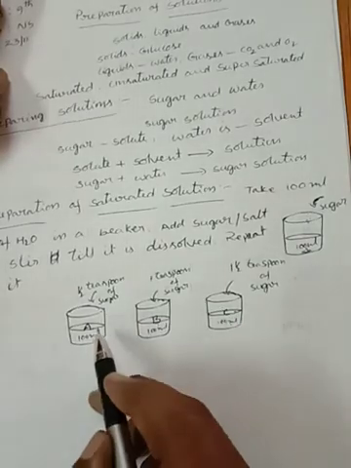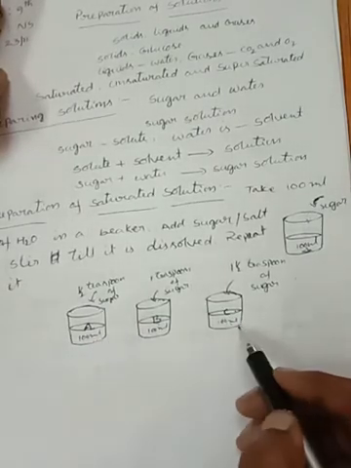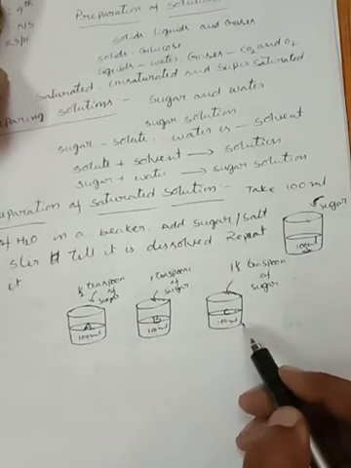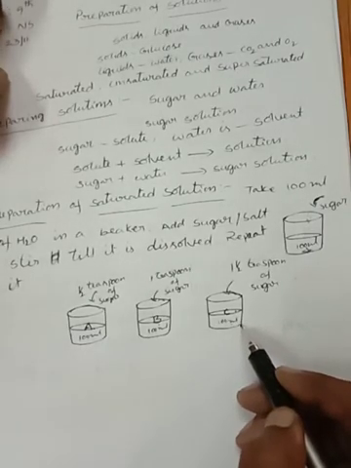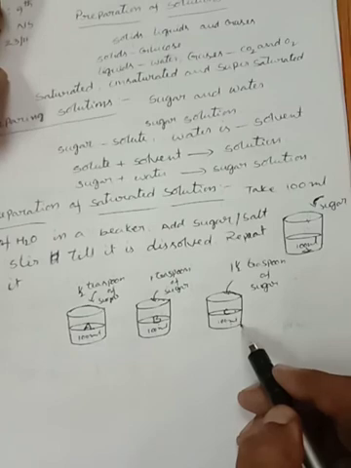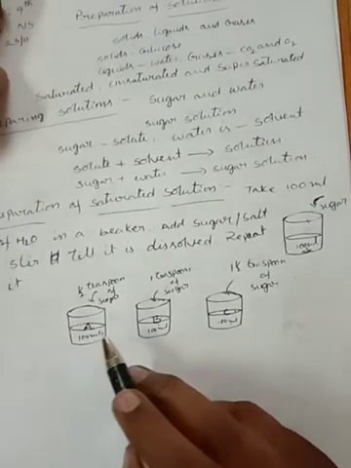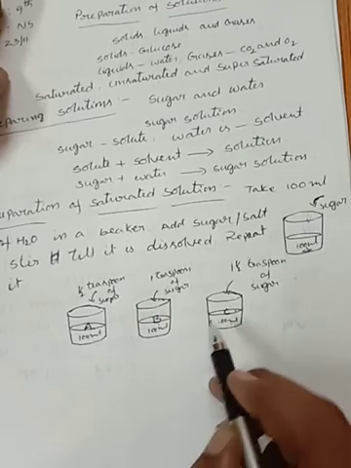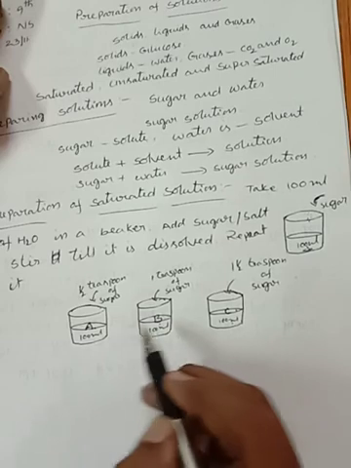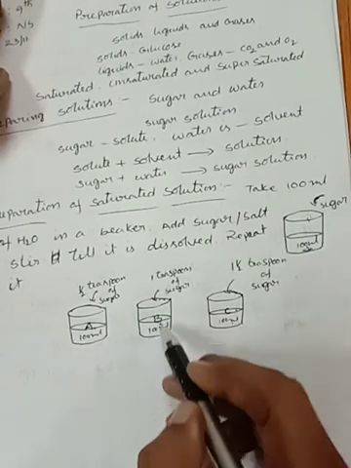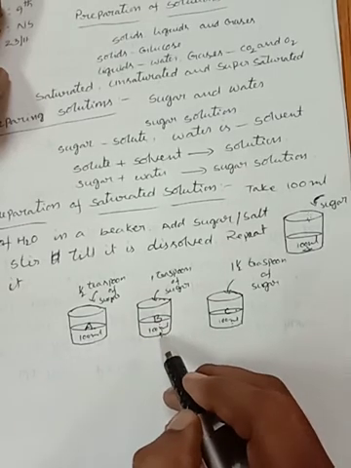So which beaker contains more solute dissolved in the solvent? It is more sugary. In beaker A, half teaspoon of sugar solute is present. In beaker B, 1 teaspoon of sugar solute is present.